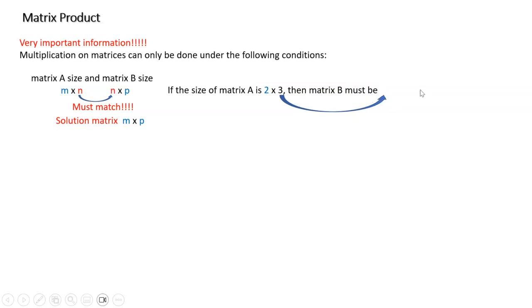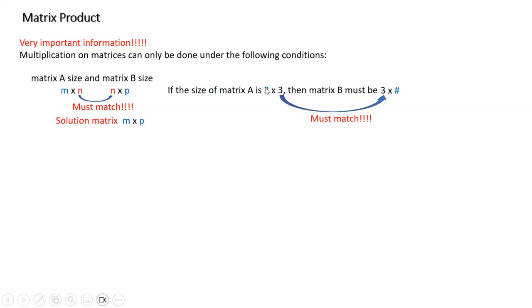So this has to be a 3 by something matrix. It doesn't matter if the number is a 1, 2, 3, 4, 5. What matters is that once you put the sizes of the matrices together, the two in the middle must match.